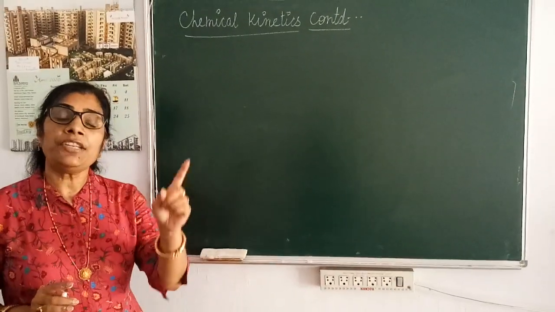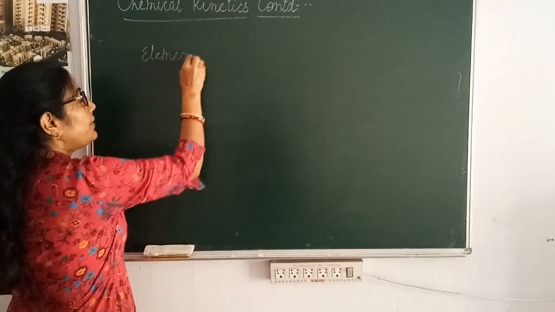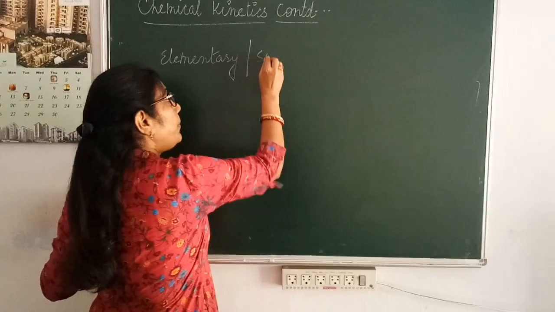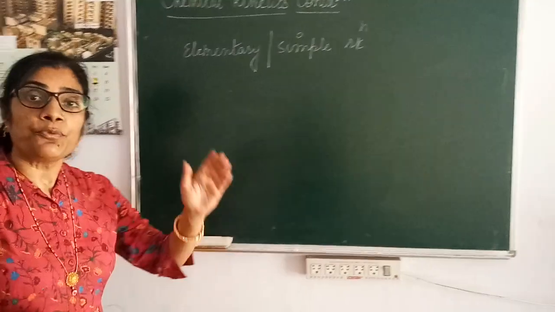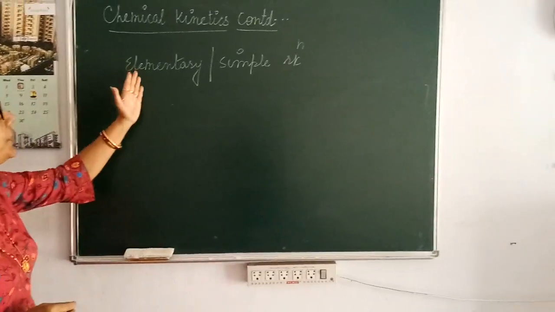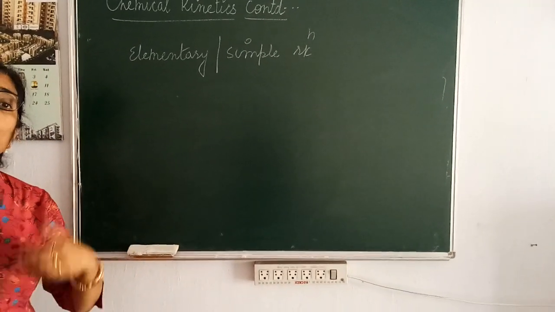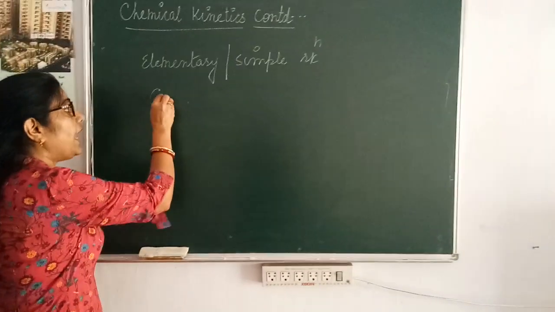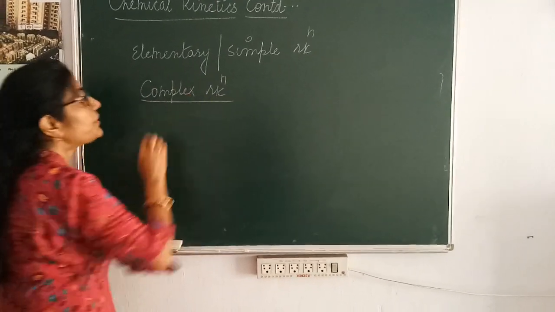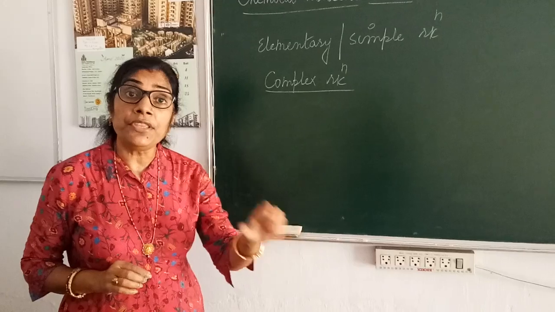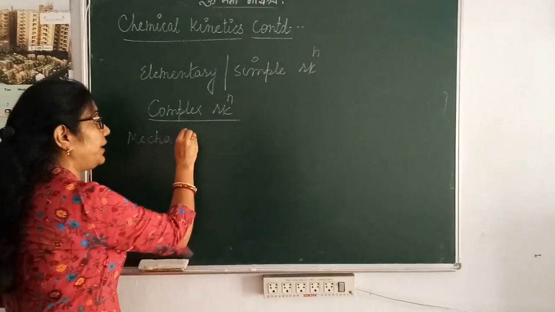When a reaction takes place in one step itself, that reaction is known as an elementary reaction, also known as a simple reaction. But if a reaction occurs in more than one step, several steps, that reaction is said to be a complex reaction. And for complex reactions, how to determine the rate of reaction? For that, we need the mechanism of reaction.